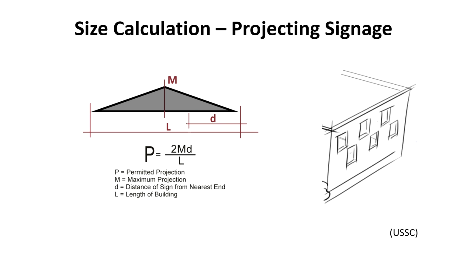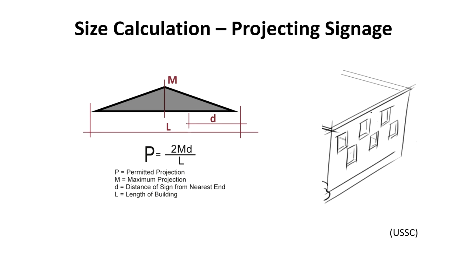Okay? Now, we have calculated the sizes of the signages. How will we calculate if I want to put a signage on my building, that too a projected signage? I hope you remember what projected signages are. If you see on the screen, a signage which is jutting out from the building is called a projected signage. Let me write, this is a plan and this is my building.